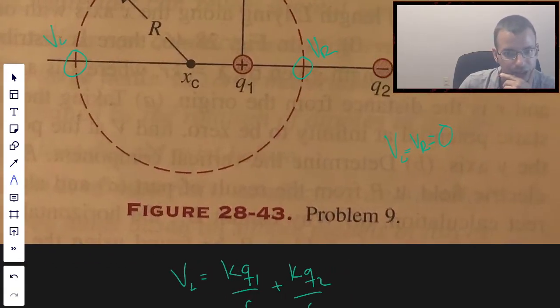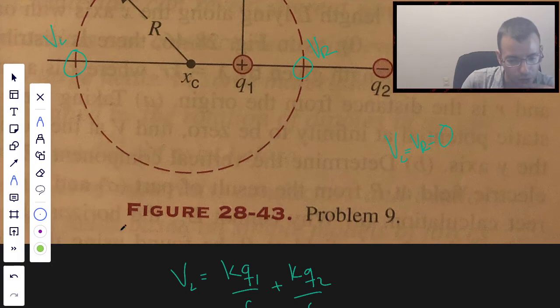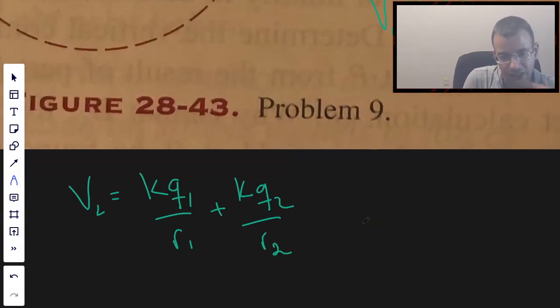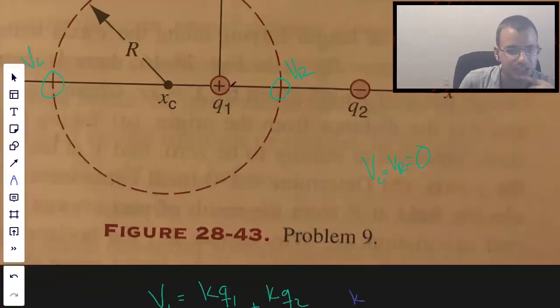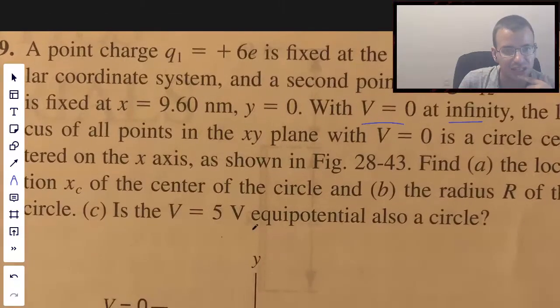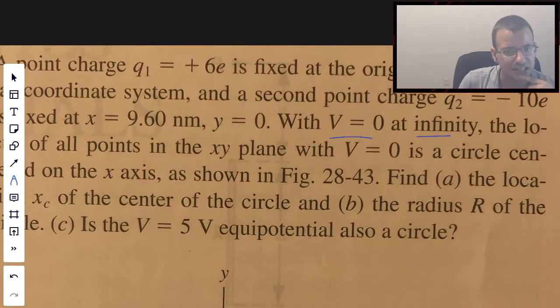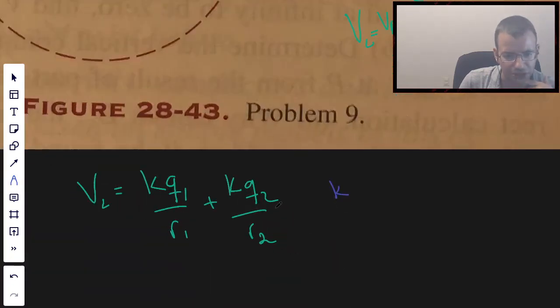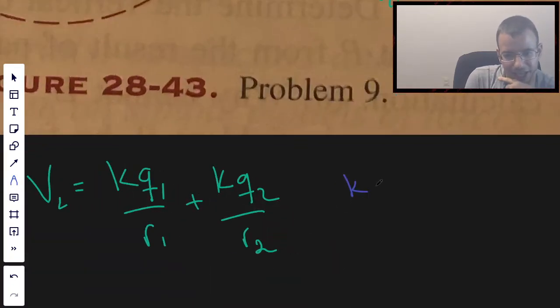And you might be thinking, well, the second one should be minus. It's going to be, because Q2 is negative. So what we then get is something like k, and I think it's like 6 and 10? Actually, I'm just going to solve it. So I'm going to say that k Q1 and then r1.